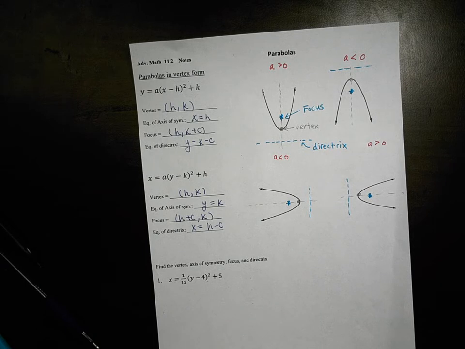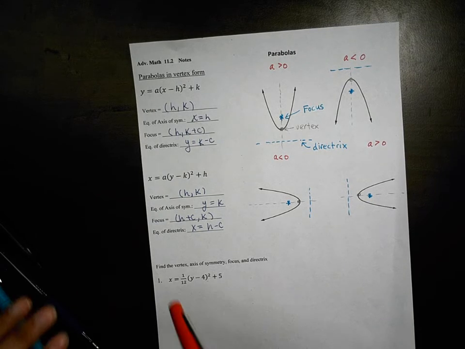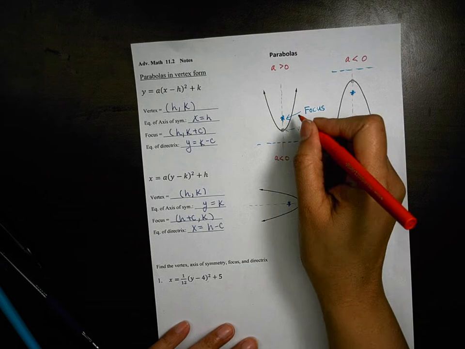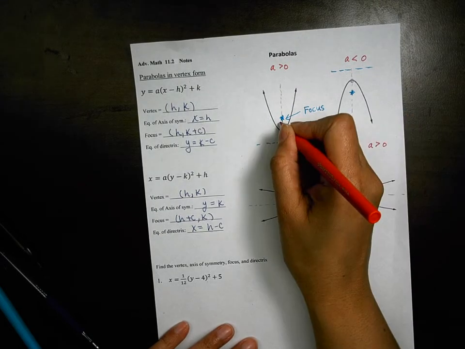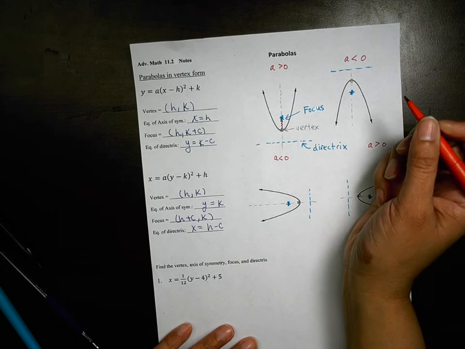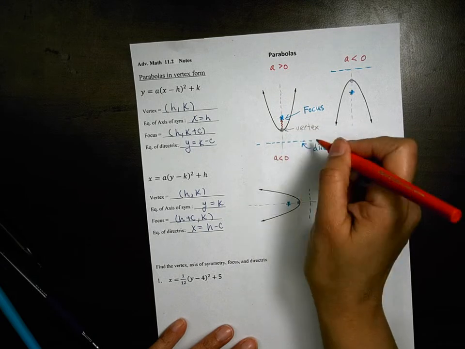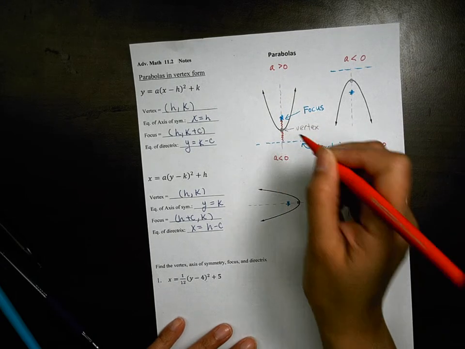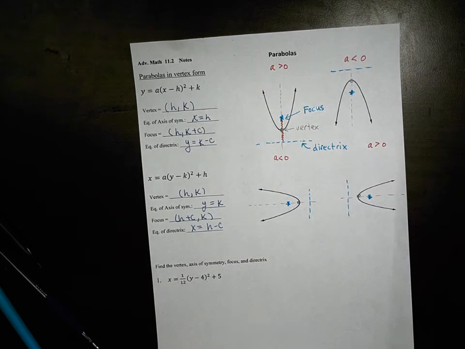Okay. Now, one thing we will need to know is that the distance from your focus to your vertex is equidistant from your vertex to your directrix. What does equidistant mean?